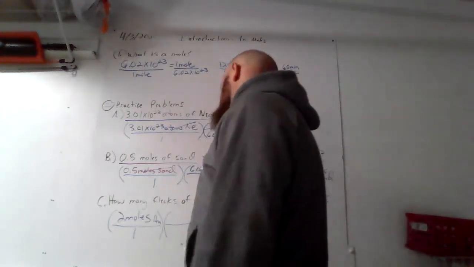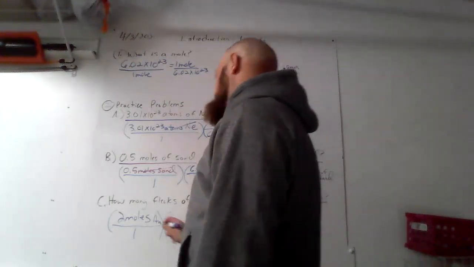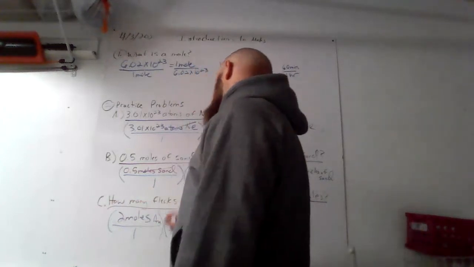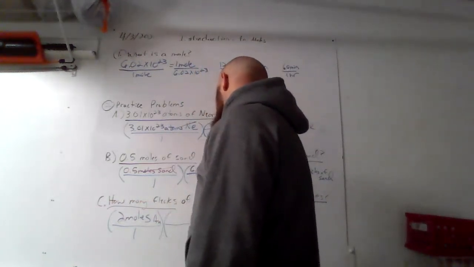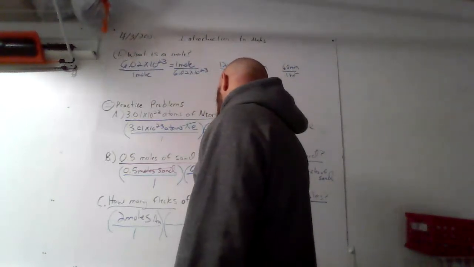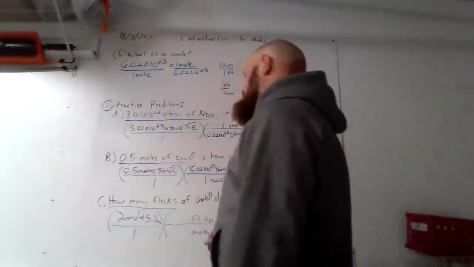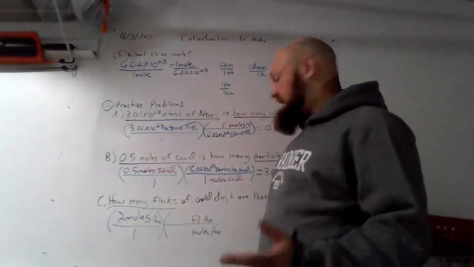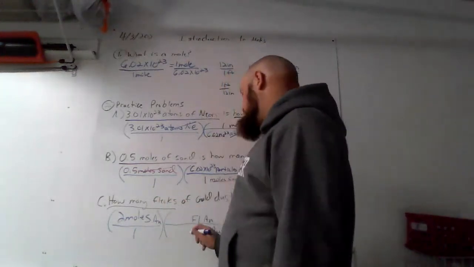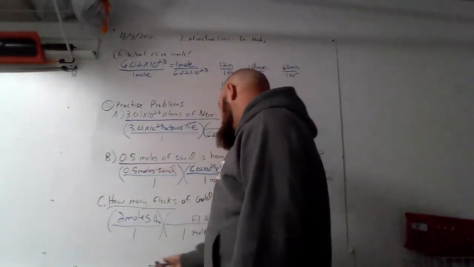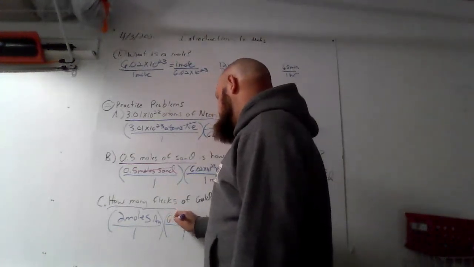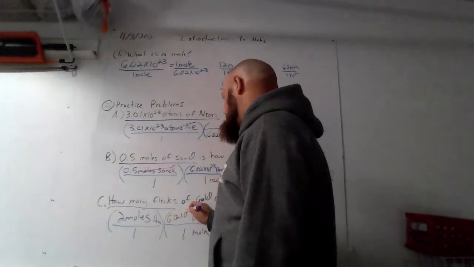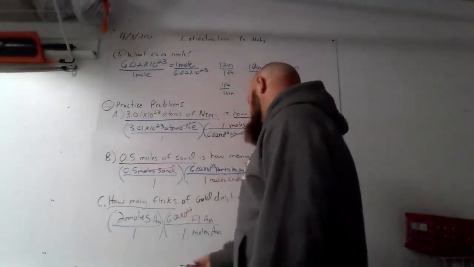It's going to ask me how many flecks of gold dust, so I'm just going to write FL for flecks of gold. We do moles and anything else. So what number always goes with mole? 1. So 1 mole is equal to 6.02 times 10 to the 23rd of anything.